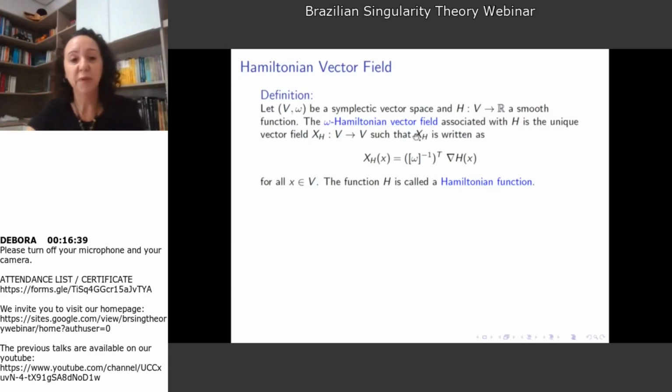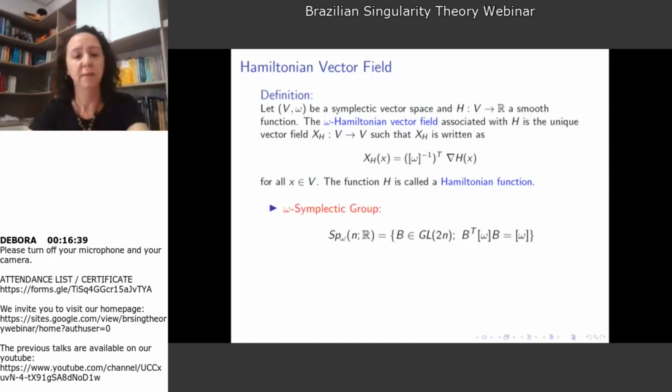The matrix that appears here is not the matrix of omega, but the inverse of the matrix of omega, transposed, times the gradient of the function H. This is the general definition of the Hamiltonian vector field, and the classical one is when this matrix is J. H is called the Hamiltonian function.